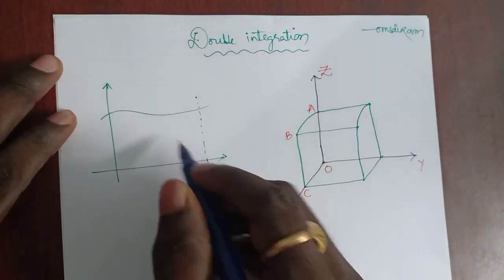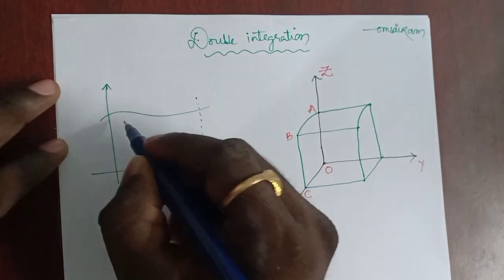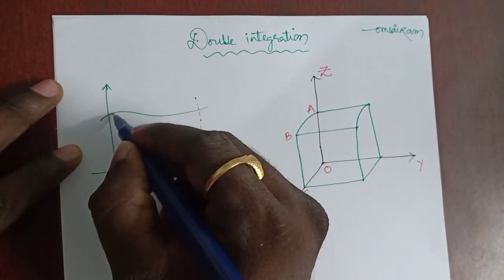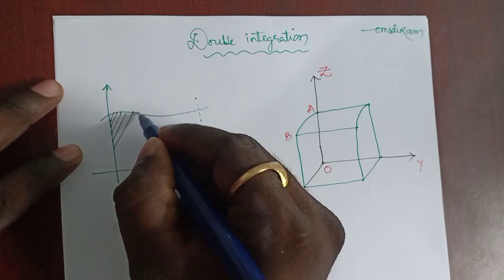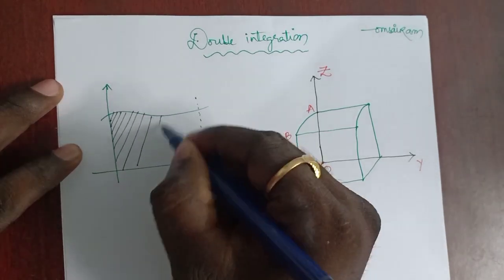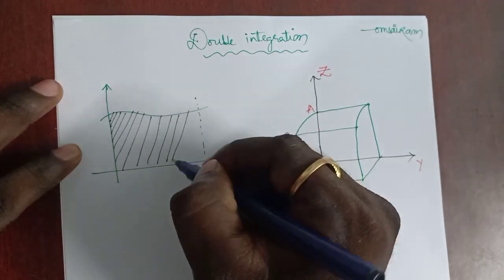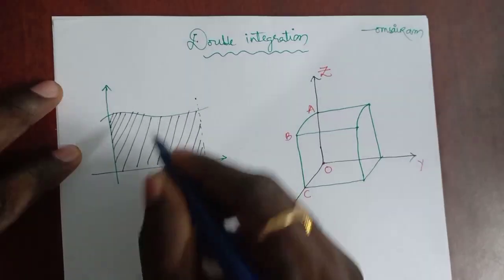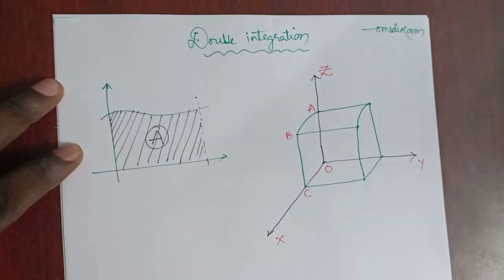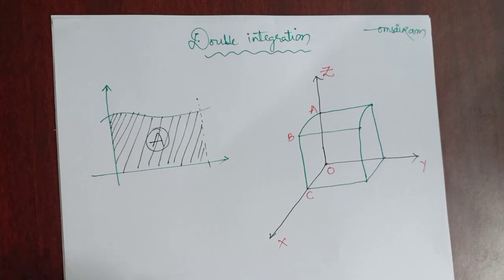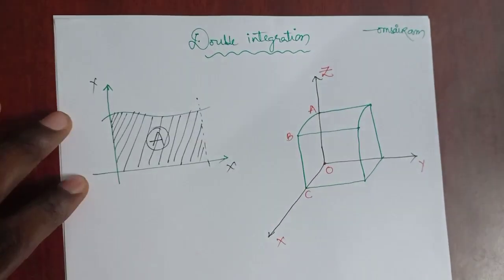If it is a continuous curve, just maybe like this. The process of finding this area under the curve is called integration. We need to find this area.